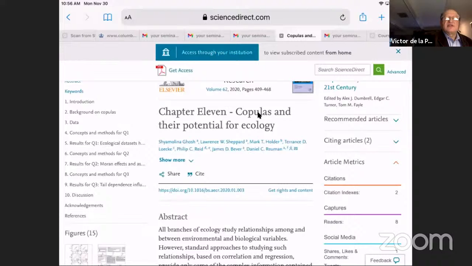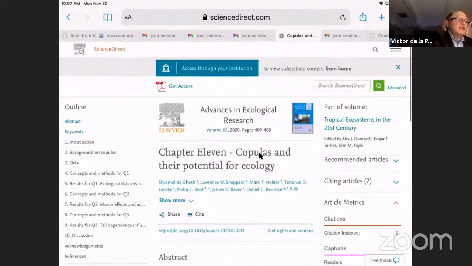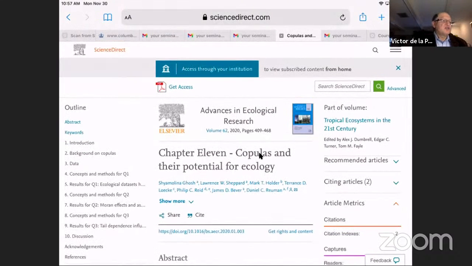Now, let me see, I think I have another one. This is in the journal Advances in Ecological Research, and the name of the paper is Copulas and Their Potential for Ecology.